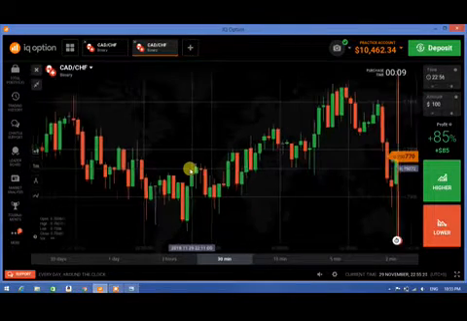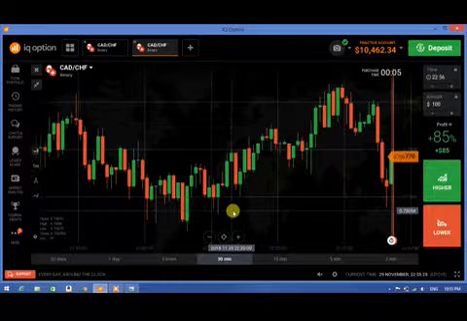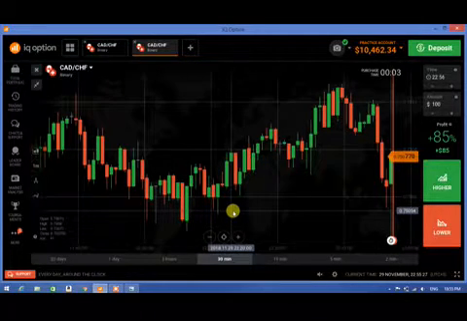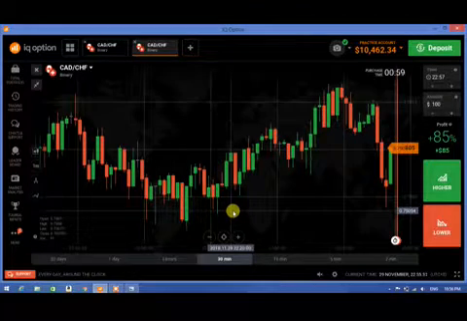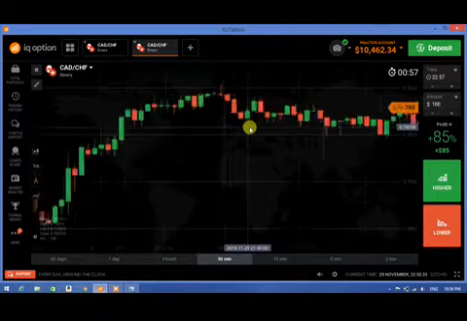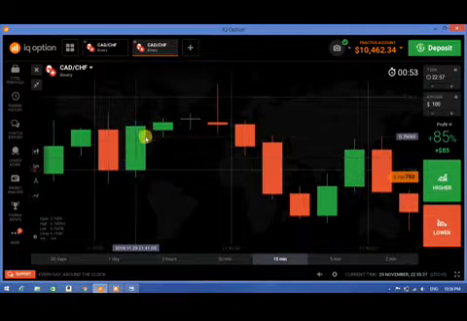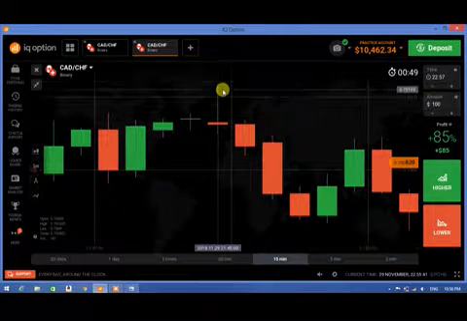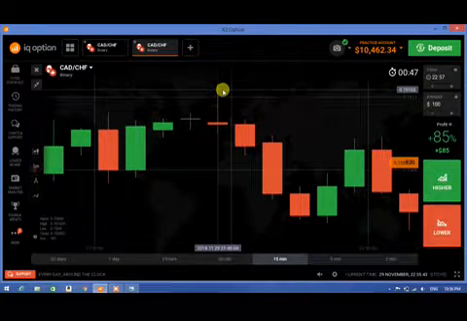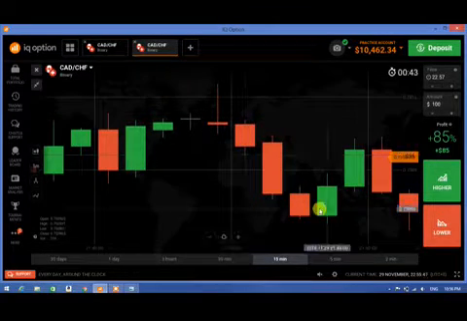So we are moving ahead with the wicks. Wick means rejection. Whenever you see wicks, it tells us that the price tried to move in that direction, but it was rejected. For example, if we see this, the price was moving up and it tried to move up, but the wick represents that the price was rejected by the sellers and they pushed the market in the opposite direction.